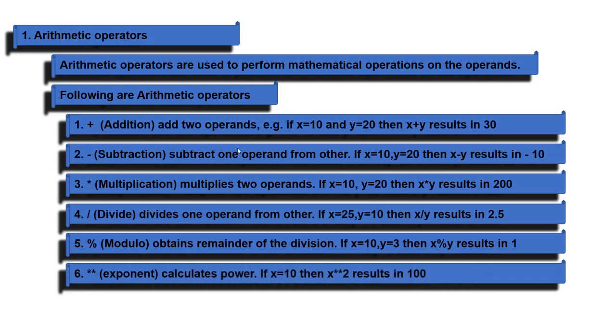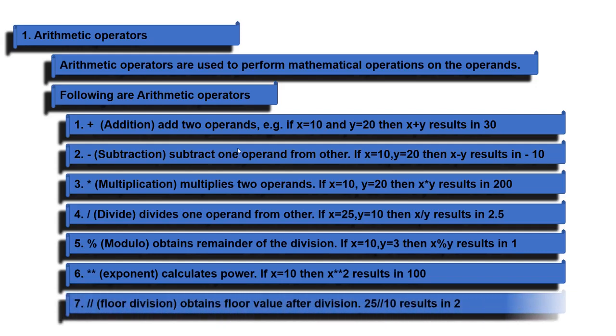The double asterisk symbol is used to calculate exponent and it is called the exponent operator. It calculates the power. If x is equal to 10, then x double asterisk 2 results in 100. The double oblique symbol is used to perform floor division, so it is called the floor division operator.